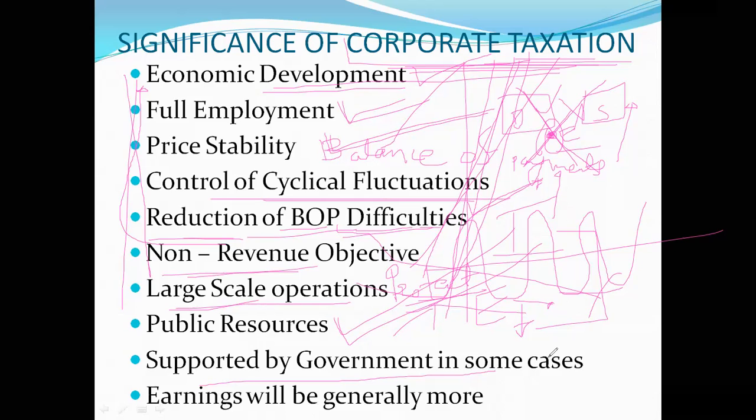If companies are established in the northeastern states of our country, the government will support them by providing tax-free facilities up to certain periods of time. All these increase the significance of corporate taxation.